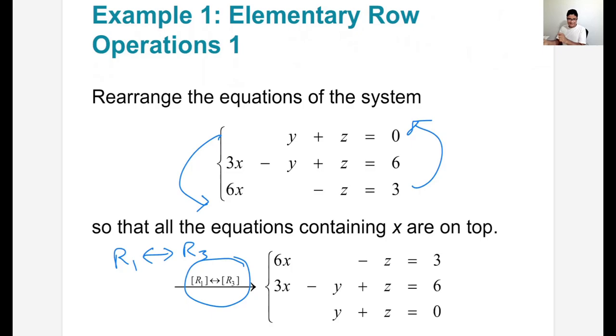R1 goes to the place of R3 and R3 takes the place of R1. We are writing this as equations for now. Later we will be doing this in matrices also. It is the very equivalent step that we will be doing in matrices. Just keep that in mind.